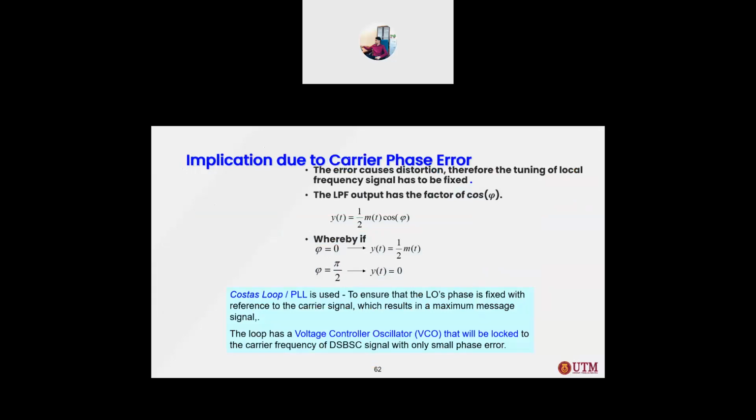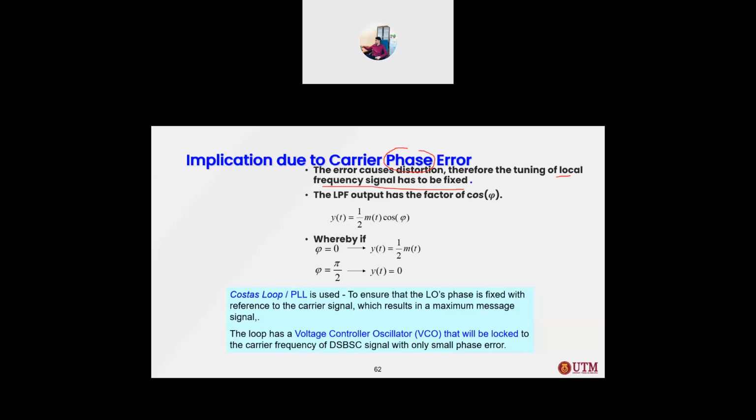So you see the implication due to carrier phase error. Today we will stop here, but I will finish this one first. The error causes distortion, therefore the tuning of the local frequency signal must be fixed. Just now we had a frequency difference or phase error.